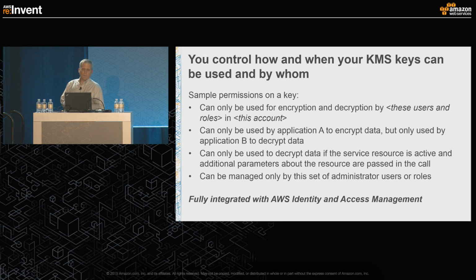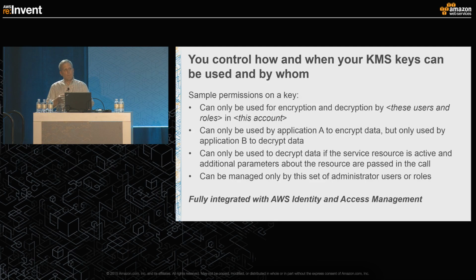Another use case is to say, I only want this key to be used to decrypt data if I know that the resource is active, if my EBS volume is attached to an instance, if my Redshift cluster is up and running, if my RDS database is processing data. When I terminate those instances, I don't want this key to be used to decrypt the snapshots that I've got stored.